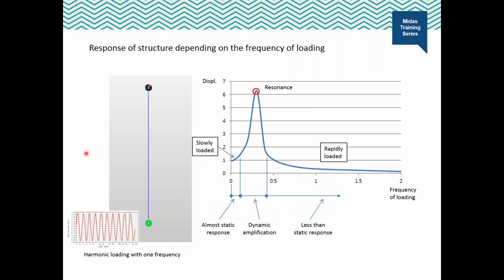In the eigenvalue training, we learned that if the frequency of loading comes close to the frequency of fundamental natural mode of structure, the response of structure will be much higher than the static response because of resonance phenomena.